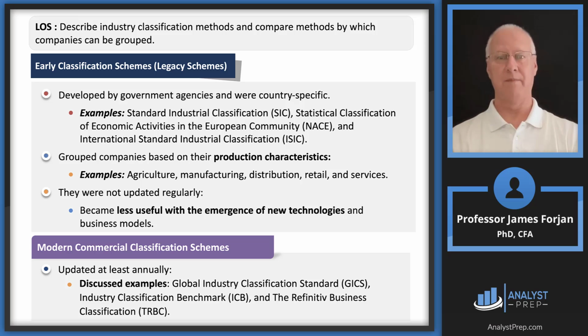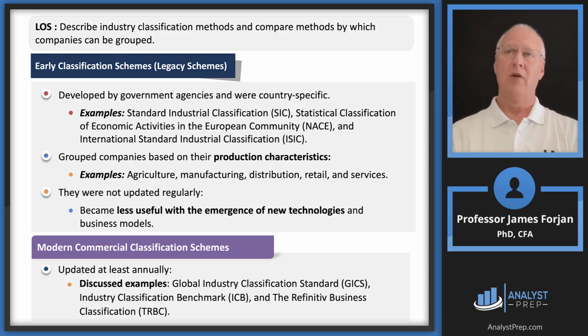But those old-time legacy schemes were probably not updated as regularly as they should have been. Remember, I was in graduate school in the late 80s, early 90s. That was the waning period of this gigantic merger mania that happened in the 1980s. A lot of times you'd look at these SIC codes and see a company that merged with 4 other companies and they're still in the pretzel industry. And you think that doesn't make any sense.